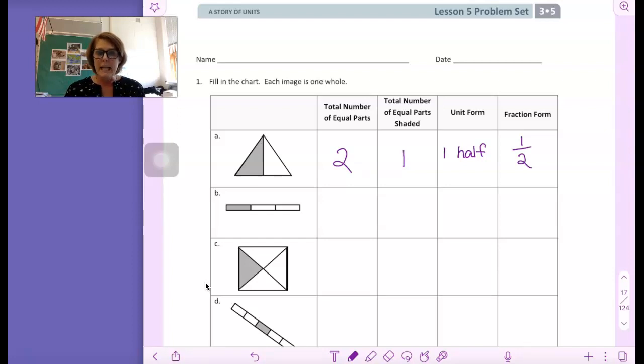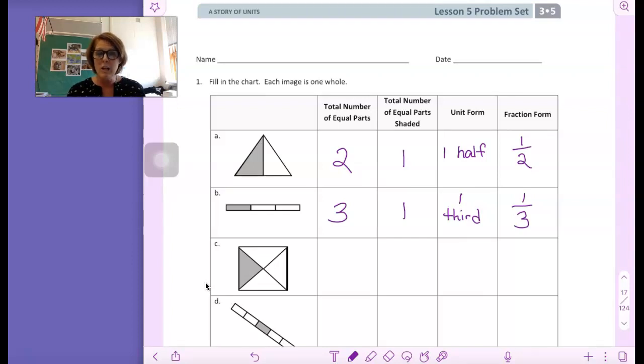Let's look at letter B. There are a total of 3 equal parts. 1 part is shaded. So there we say we have 1/3. And the fraction or number form of that looks like 1 up top in the numerator because that's how many are shaded, and 3 because there are 3 equal parts.